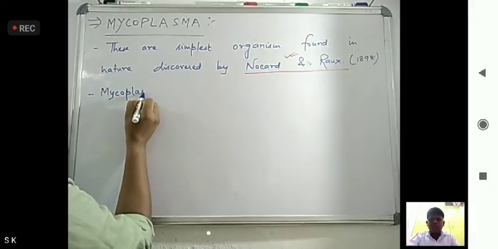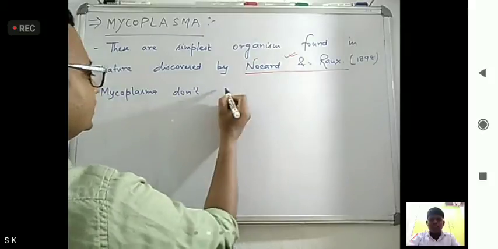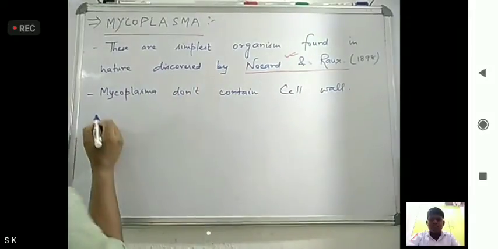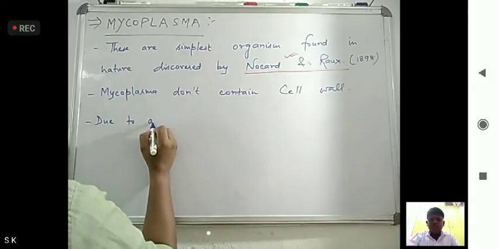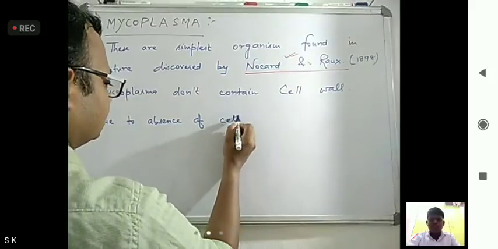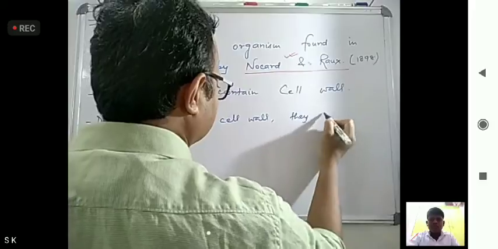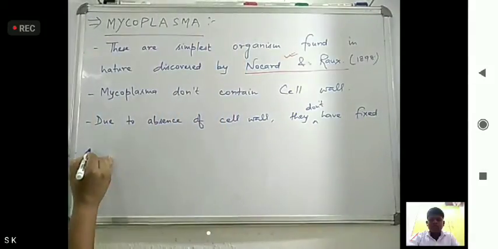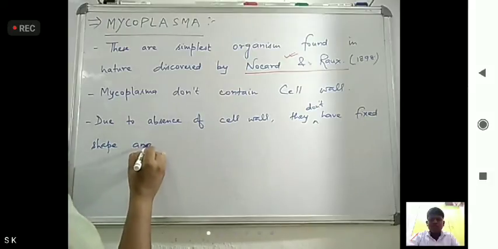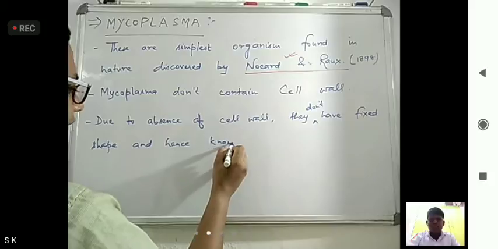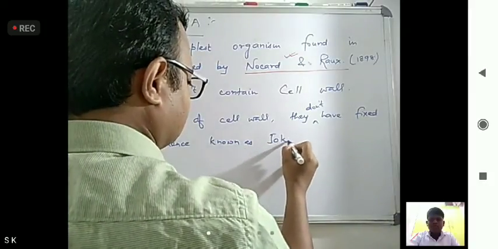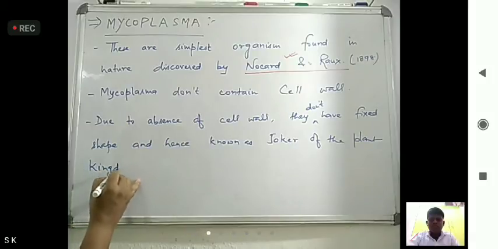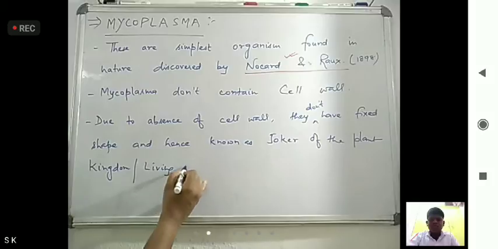Mycoplasma doesn't contain a cell wall. So due to the absence of cell wall, they don't have a fixed shape, and hence are known as the joker of the plant kingdom or living world.